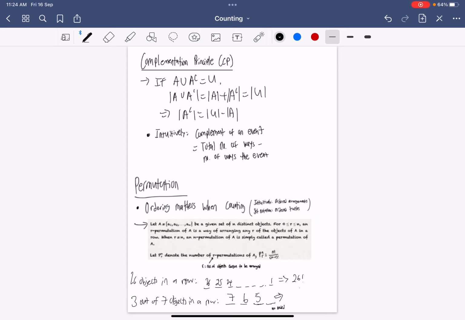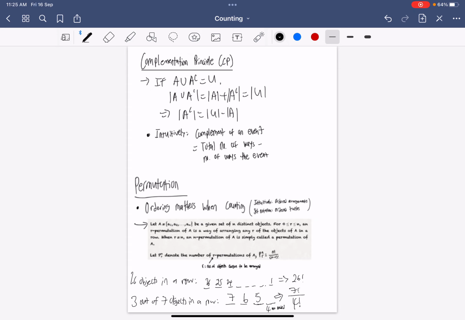And so the remaining 4 that are not chosen, there's nothing we can do about it, and so it is just 7 times 6 times 5 is the total number of ways. And you can see that actually is the formula of 7 factorial over the 4 factorial that is not chosen.